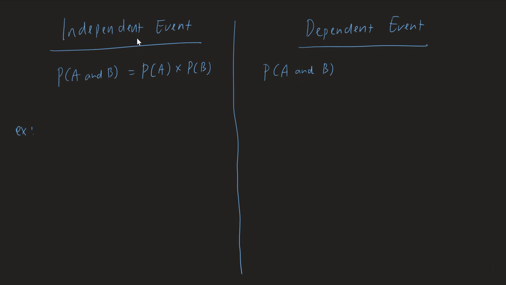But how would I know from your problem that, let's say, event A and then you wrote event B, how am I supposed to know that it's independent or dependent on each other? It is given. Usually they give you the information that two events are independent or not.